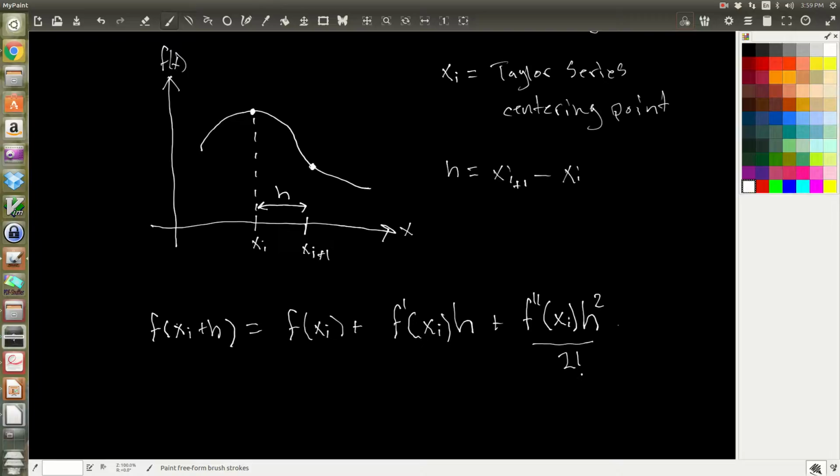And this continues for as many terms as we want to write down, infinitely following this pattern. So the next term is going to include the third derivative over 3 factorial, etc.